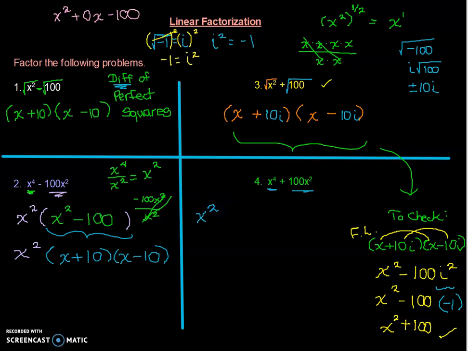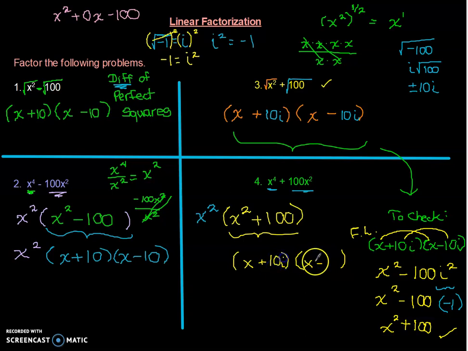And that'll leave me with the parentheses x squared plus 100. So when it is a sum of perfect squares, you can use the same method. It's just the second square will always be imaginary. So one is plus, one is minus, and then 10i happens to be the same problem as before.